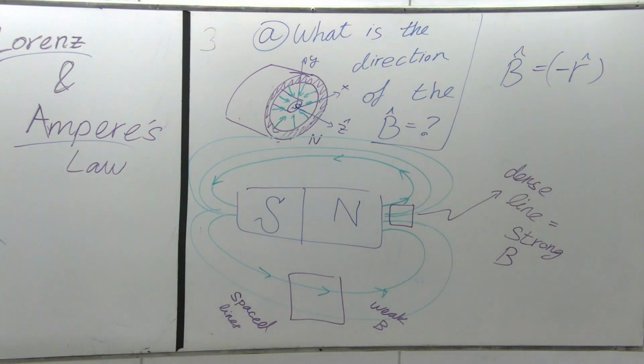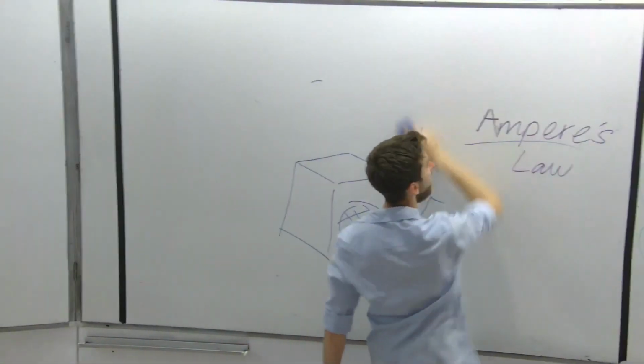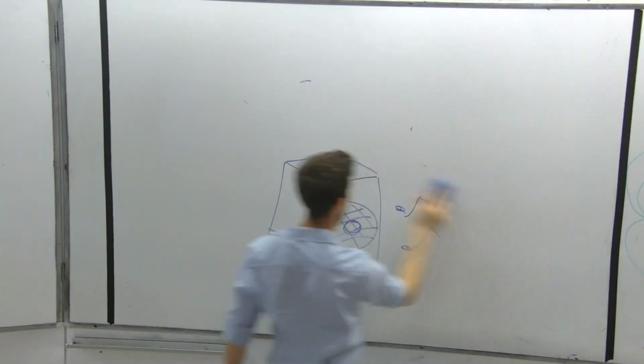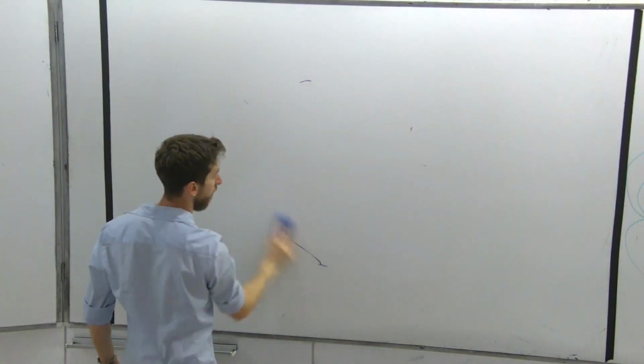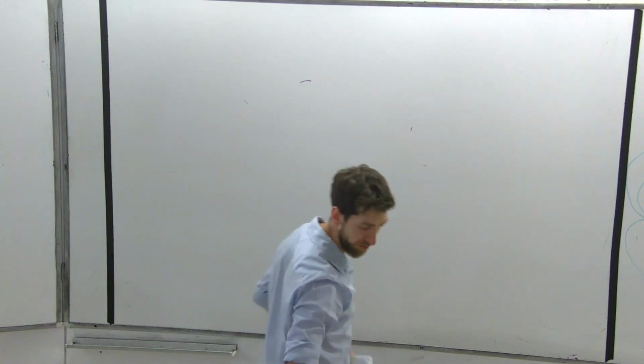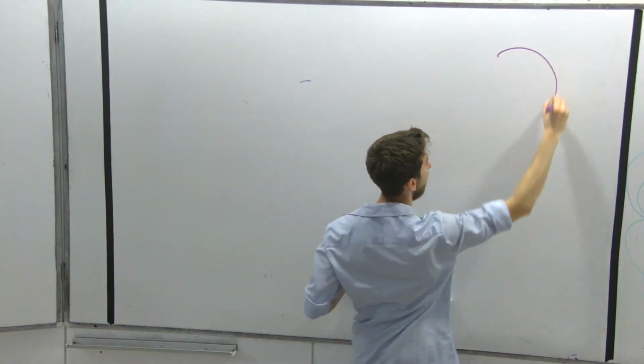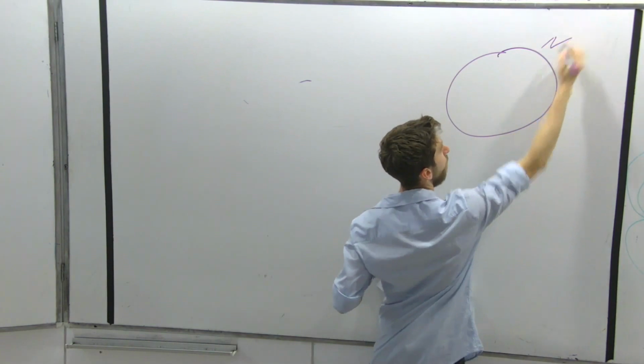Let's go to the next question. If I take a wire and shove it inside this cylinder, let's have a 2D look at the cylinder. We have the outer shell, which has north polarity.